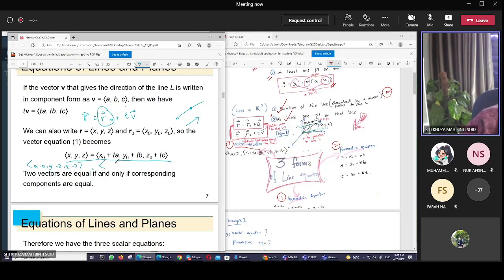And R naught is X naught minus 0, Y naught minus 0, Z naught minus 0, plus T times V, where V is the vector A, B, C. This one is actually A minus 0, B minus 0, and C minus 0 as well.